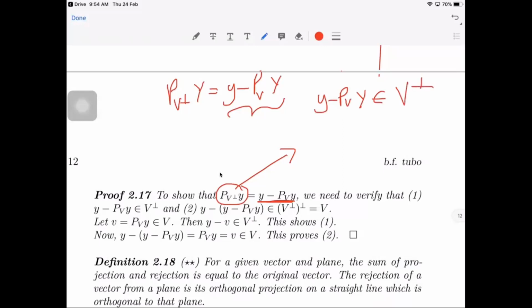And then the other: y minus the projection of y onto V perp is an element of V perp perp. But V perp perp is V. Okay?